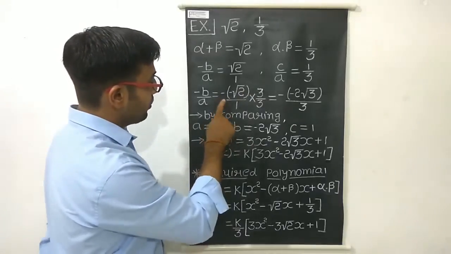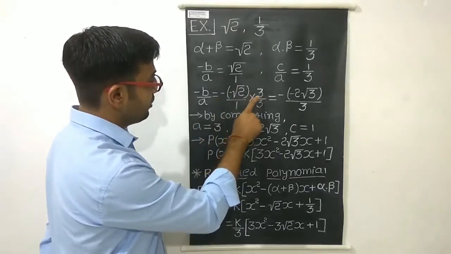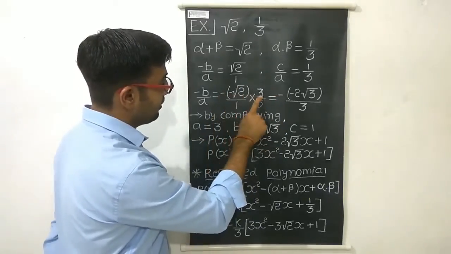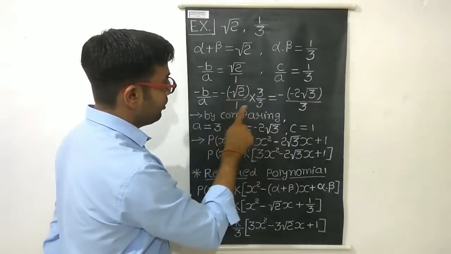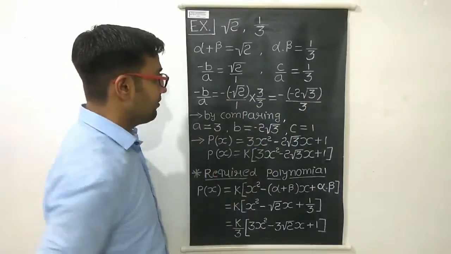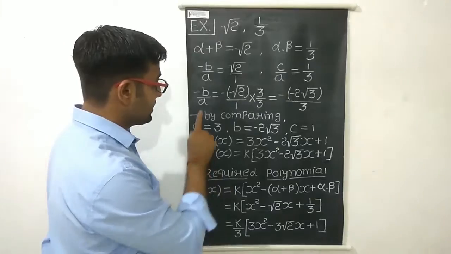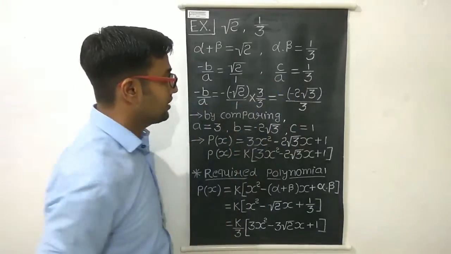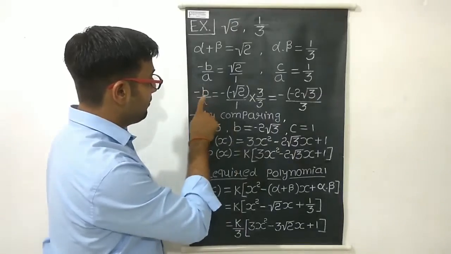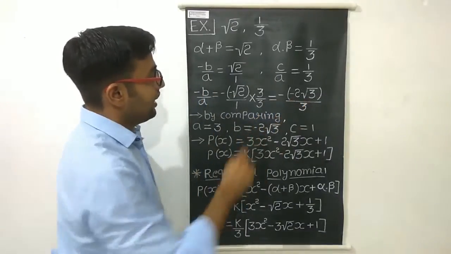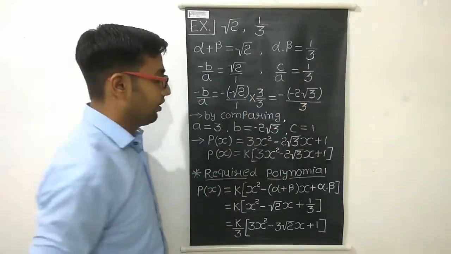Now this value becomes minus outside, and in the bracket we get 3 root 2, and the denominator 3 ones are 3. Now by comparing the values, we get a equal to 3. See, on both sides a is 3. The value of b we get is minus 3 root 2, and c we get is 1.